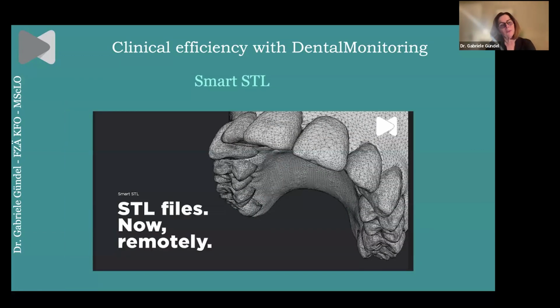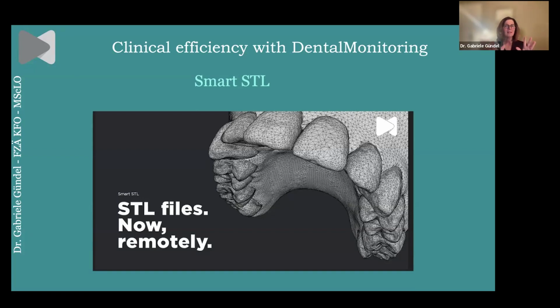Also, very helpful is the possibility to have this Smart SDL. If you are working with the Spark aligners, we have a connection between dental monitoring and the Spark aligners. You can ask the patient, from every country of the world, please, now you have your last aligners. I see maybe we need a little refinement. You cannot come into our office, no problem.